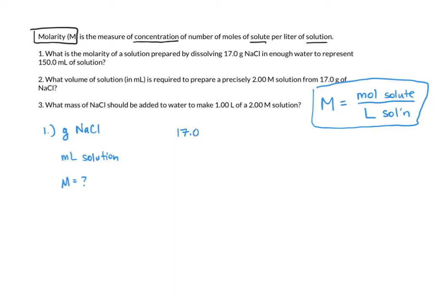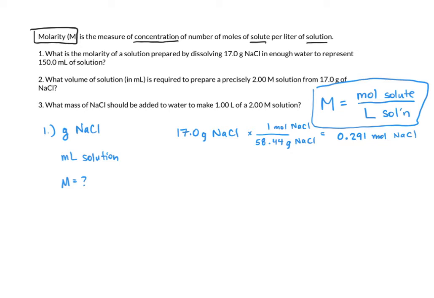17 grams of sodium chloride can be converted into moles of sodium chloride using the molar mass of NaCl. NaCl contains one sodium, one chlorine. Together, the masses of those elements tally to 58.44 grams per mole. 17 divided by 58.44 gives us, to three significant digits, 0.291 moles of NaCl.